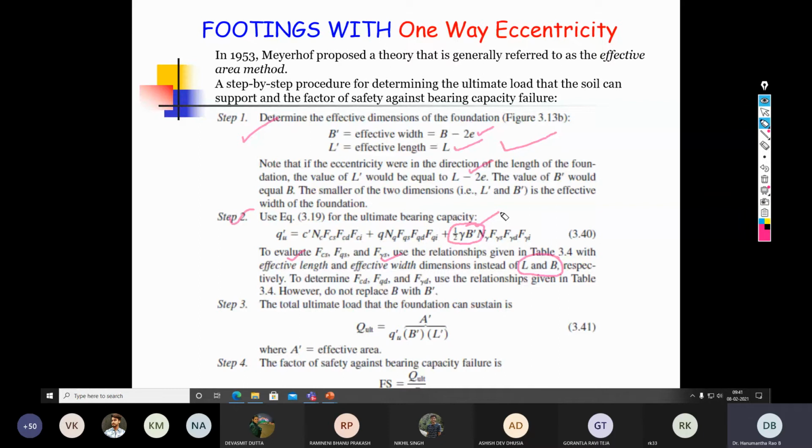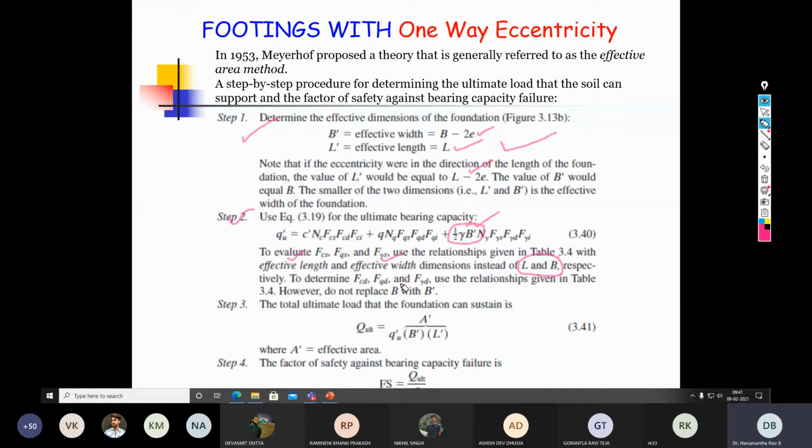There are three important points that I have highlighted here. First, when you are calculating the shape factor, use effective length and effective width. When you are calculating the depth factors, use the original length and original depth.